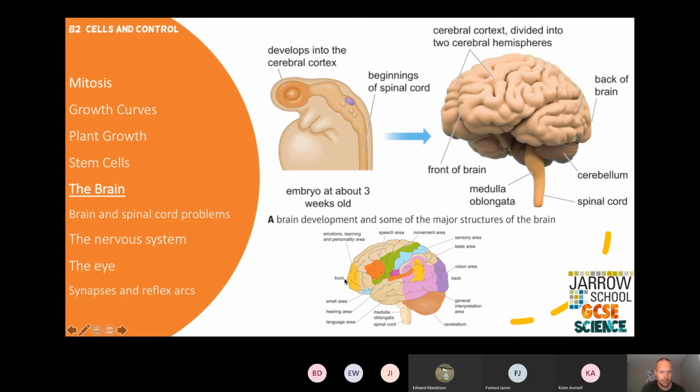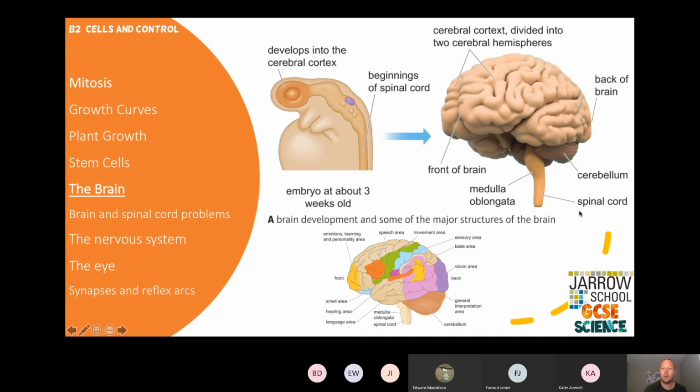So the very front, things like emotions, how to learn, that's in there. Different, like, language and speech is in there. Different senses and tastes. So each area has got different functions. We'll come on to how we know this in a second, but that's the structure of the brain.